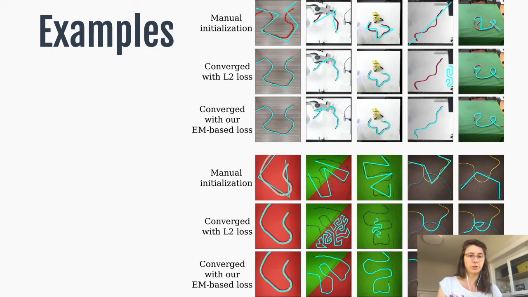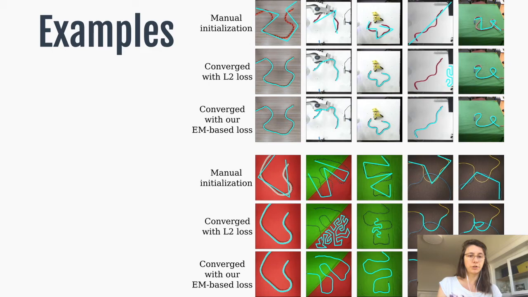And then using an L2 loss, you see that it works sometimes quite well, but there are also catastrophic failures under actually relatively simple visual situations. And then with our loss, we see in the third row here that our system is very robust despite occlusions and clutter in the image, and can estimate the rope state very well.